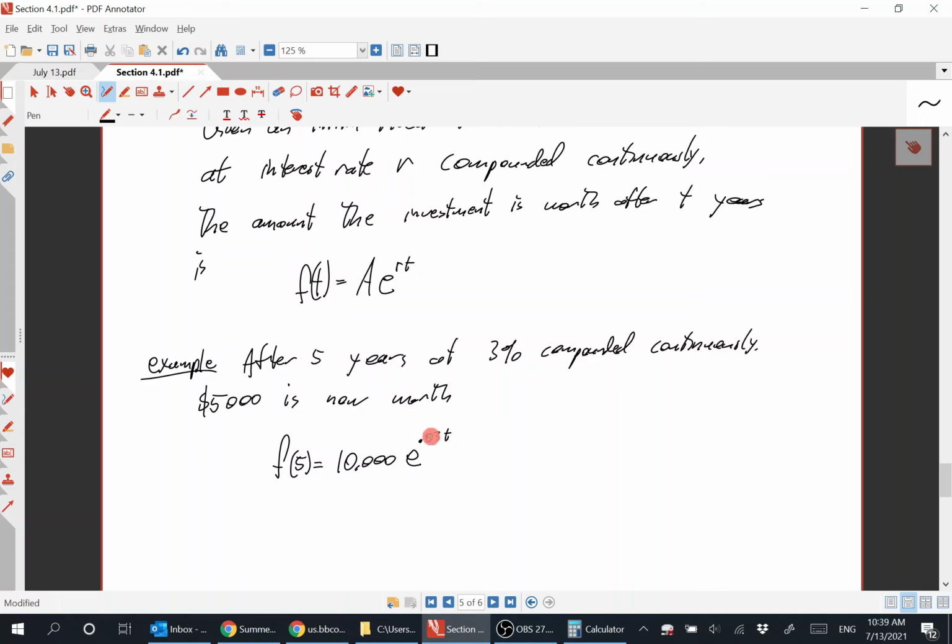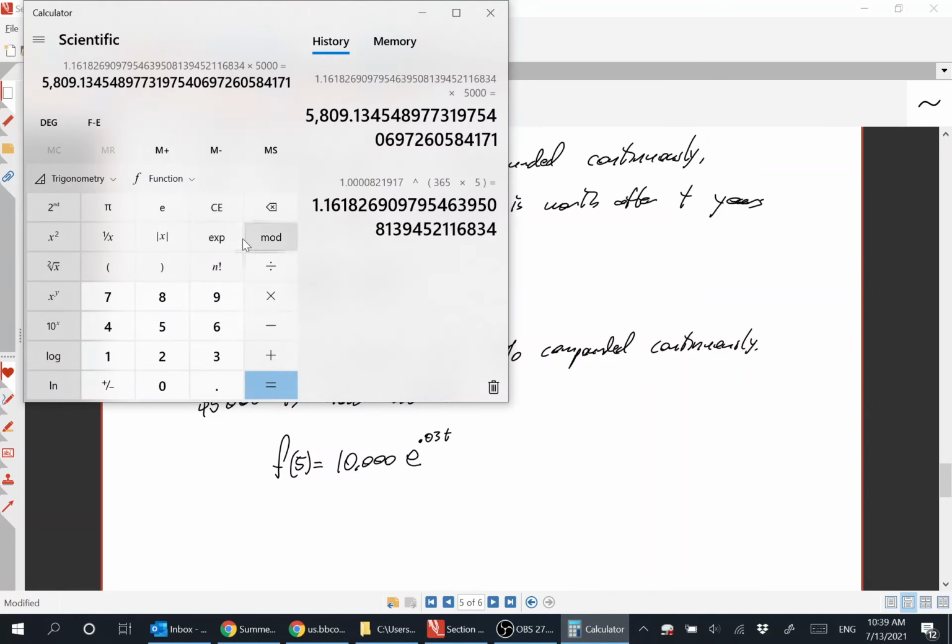So 3%, you have to write it as a decimal, 0.03. Okay, so let's check that out. So here's this number E right here. On some calculators, it'll say EXP. The E might be that.